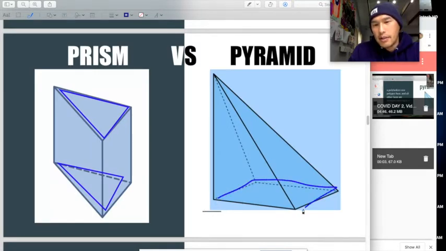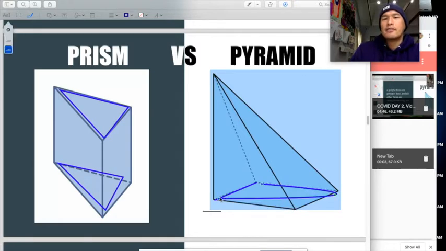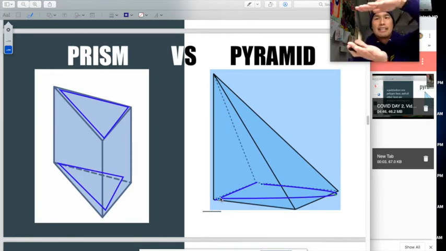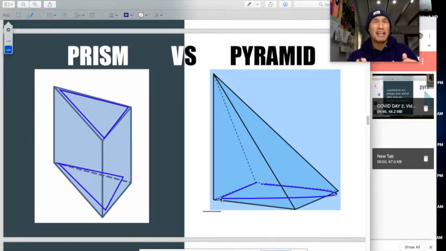There's the rectangle that makes up the base of the pyramid. But what you'll notice is there is not another rectangle on top. So it's clearly a pyramid. It's going up. There's not an exact replica rectangle on top. So hopefully you can see the difference between the pyramid and the prism, and that'll help you understand what a prism actually is. It's got to have two identical shapes, either on the top and the bottom or side to side.